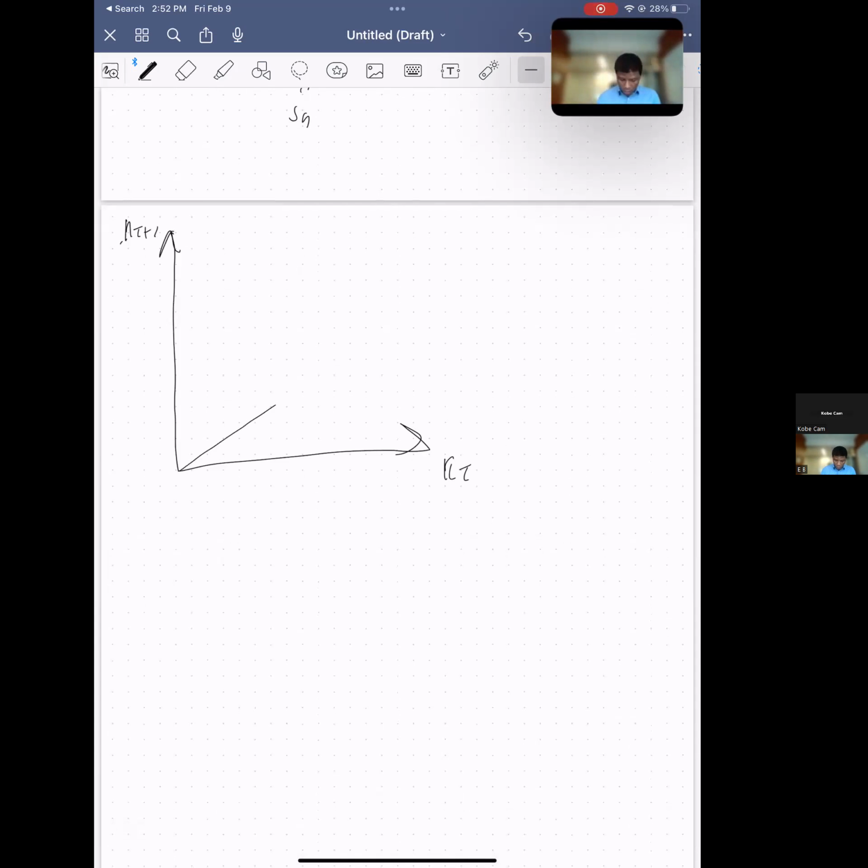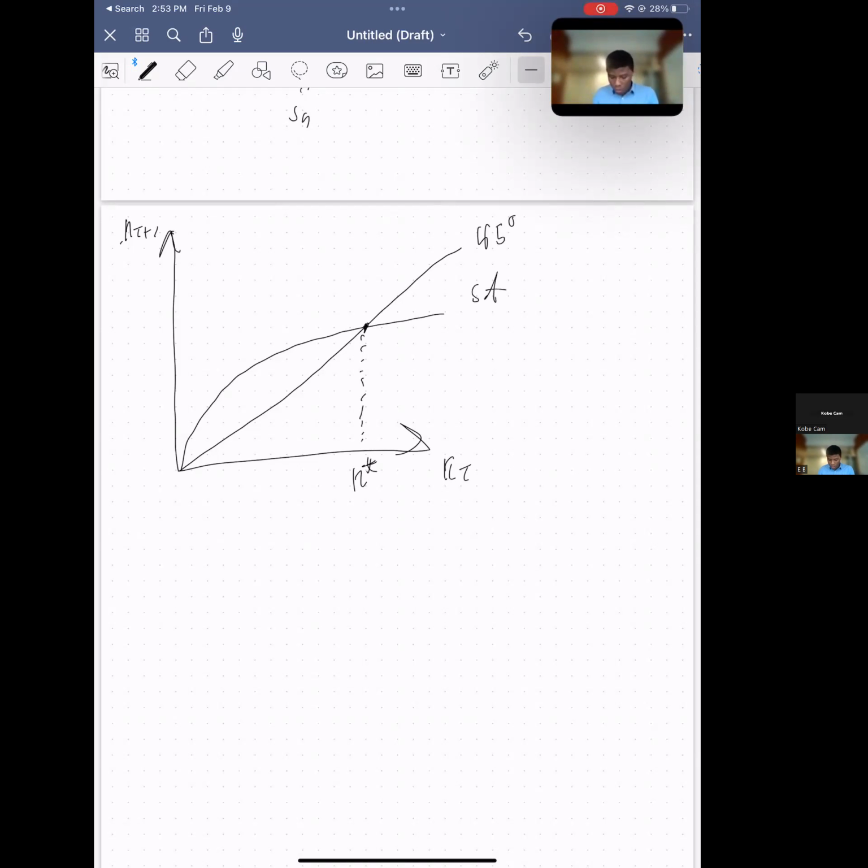Okay, this is our 45-degree line. And then what we're going to have is our equation here. This is our steady state. And so we already found out what the steady state is going to be. It's K star. We'll presume that we're at our steady state before we make the change.